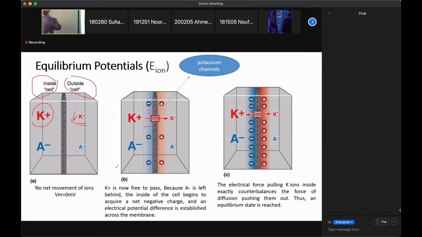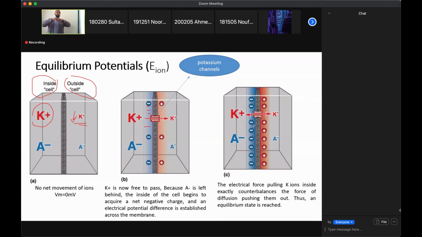And so at some point, potassium will start to get attracted to go inside. So the electrical force will start moving potassium to the inside, but it will be counterbalanced by the diffusion force. And so potassium will stop moving.